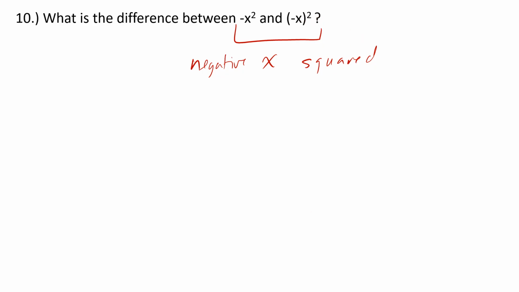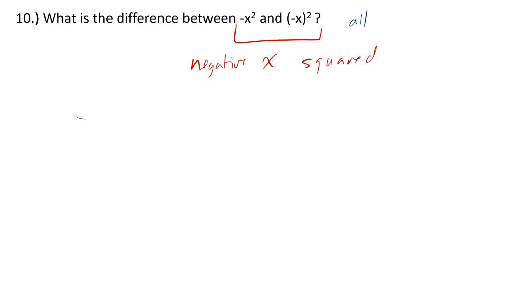You'll hear the word "all" in there, and that word "all" is meant to signify the presence of the parentheses. So negative x all squared means you are squaring the negative along with the x. And that is one way you might hear it differentiated verbally from the one on the left there. And for some reason, I think I said left when I meant right, but I'm sorry if I did that.